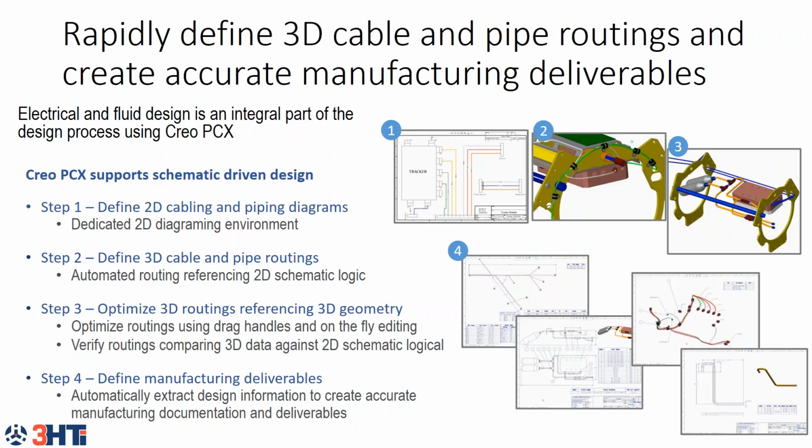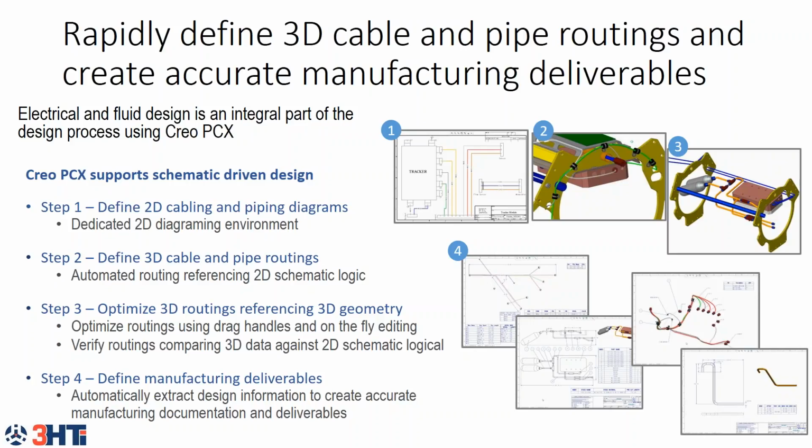Step 2 is to define 3D routings, referencing 2D schematic logic for connectivity and pipe fitting information. The next step is to optimize 3D routing information, using drag handles on the fly and editing to manipulate cable and pipe routings referencing 3D assembly geometry.